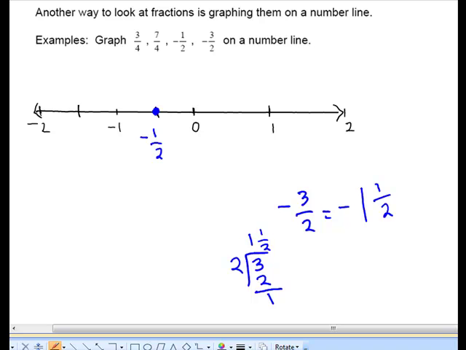So here would be the -1 and another half, and make our point. Or we could have just graphed the negative 3/2 from the 0. So this would be negative 1 over 2, negative 2 over 2, and this will be negative 3 over 2.